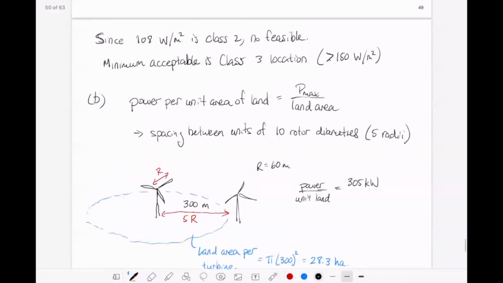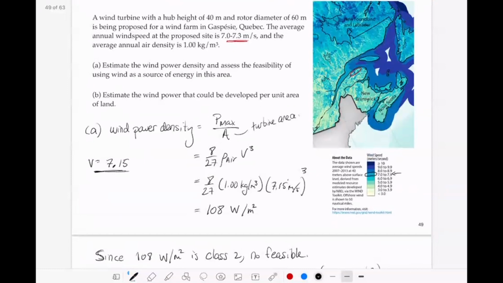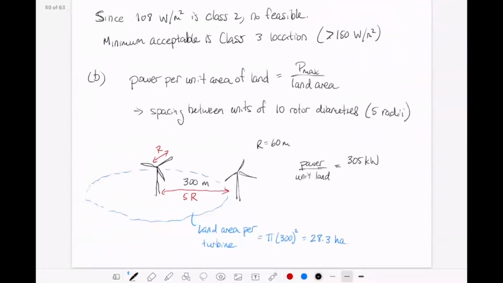So that's solving our P max equation for a rotor diameter of 60 meters. We get 305 kilowatts would be the power provided per rotor, per turbine, and divide that by 28.3 hectares, and we would get 10.8 kilowatts per hectare of land.